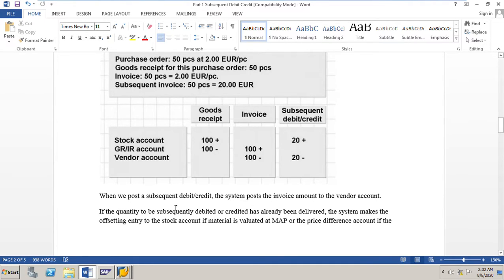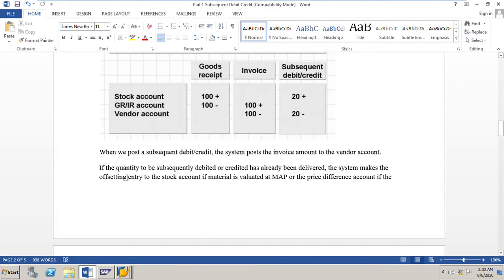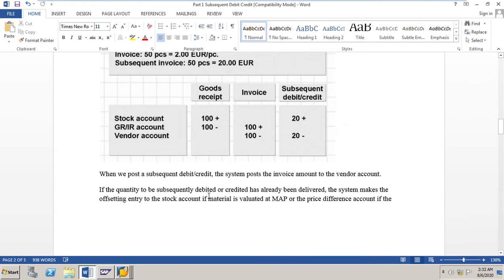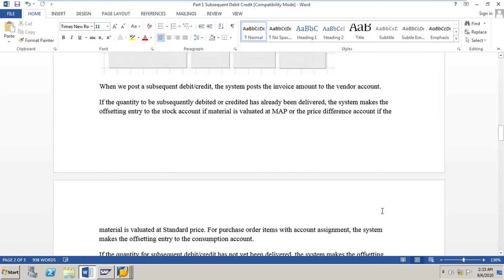When we post a subsequent debit or credit, the system posts the invoice amount to the vendor account. So whatever the subsequent debit or credit amount we post here, it will post to the vendor account first. Next, if the quantity to be subsequently debited or credited has already been delivered, the system makes the offsetting entry to the stock account if the material is valuated at moving average price, or the price difference account if the material is valuated at standard price.